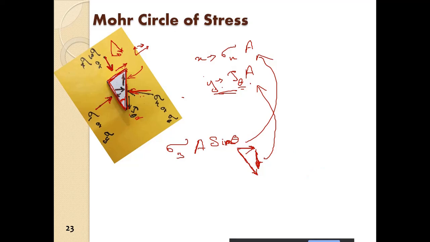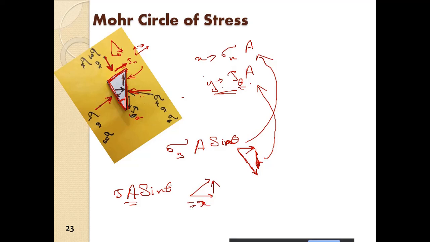Similarly, also the shear stress which is acting. So if this is tau xy, or suppose tau only, all right. So tau into A sine theta is the shear force on this plane. So this plane, it is acting in this direction, this force. So what we have to do, we have to resolve it into two components, one in the x direction and one in the y direction.